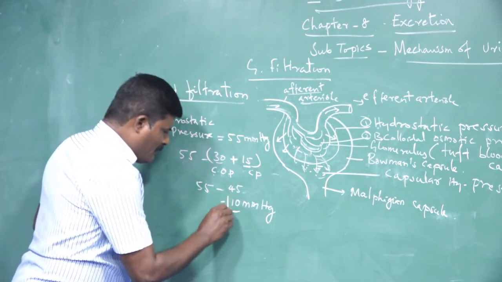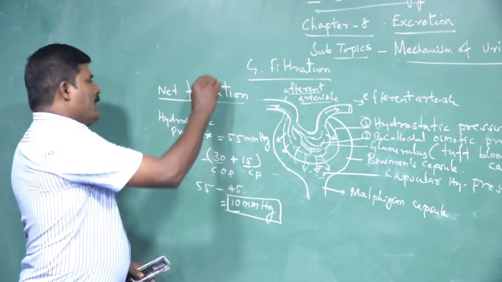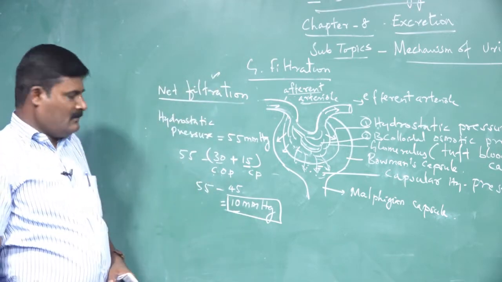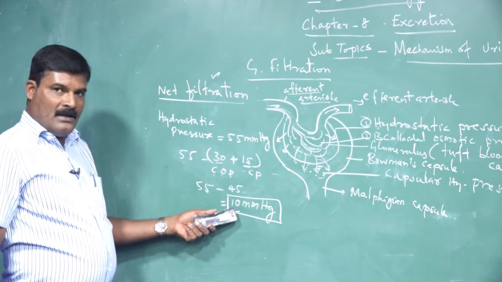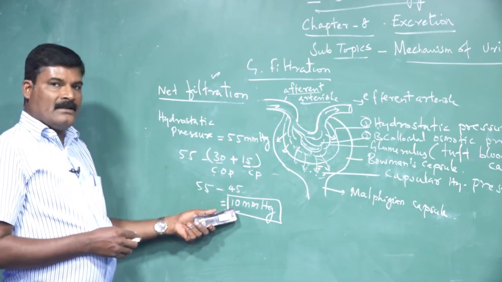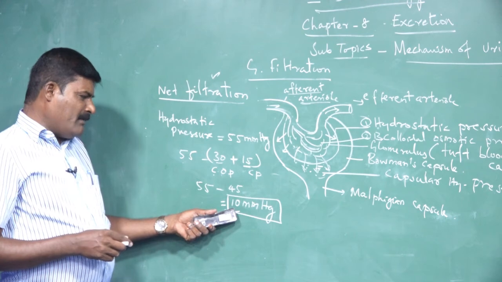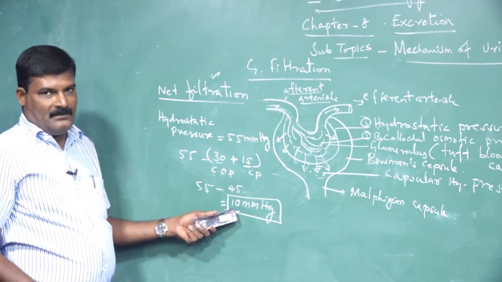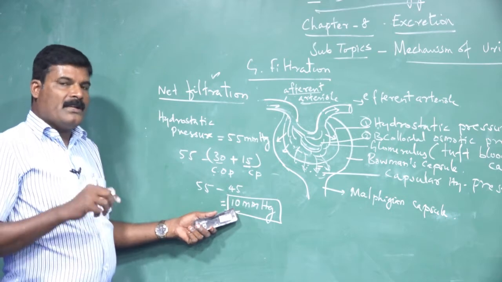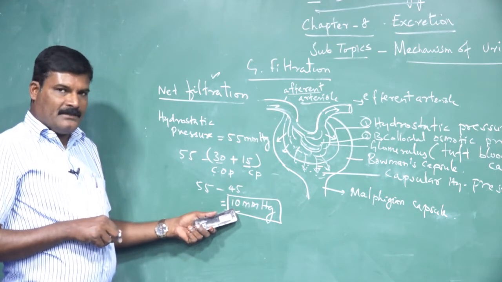This is the net filtration rate. This effective pressure of 10 millimeters of mercury is called ultrafiltration. The glomerular filtration is otherwise called ultrafiltration.